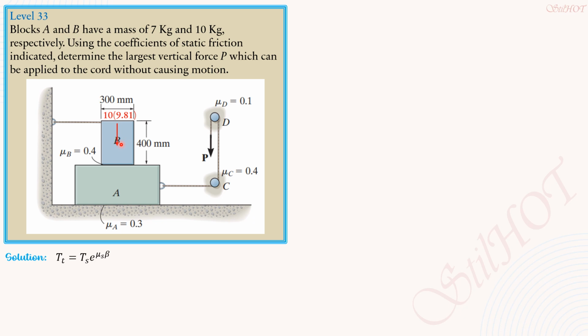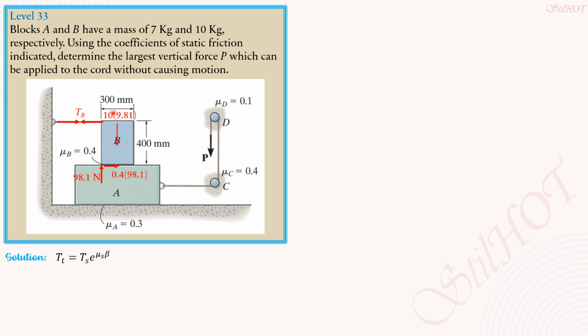Since B has a mass of 10 kilograms times 9.81, so 98.1, and the tension here, we'll just call it tension B. Then summation of forces vertical, this is also 98.1, and maximum friction is 0.4 of 98.1.